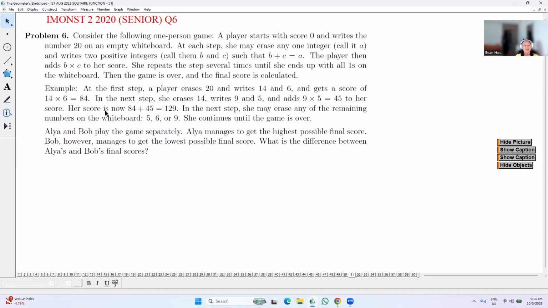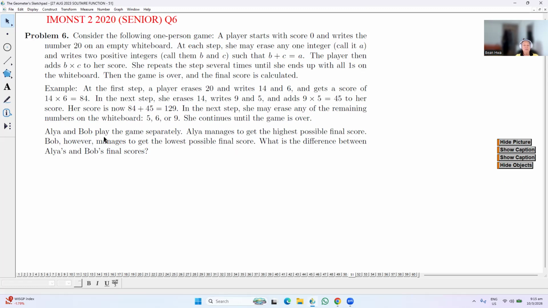Her score is now 84 plus 45 equals 129. In the next step, she may erase any of the remaining numbers on the whiteboard, which are 5, 6, or 9. She continues until the game is over.